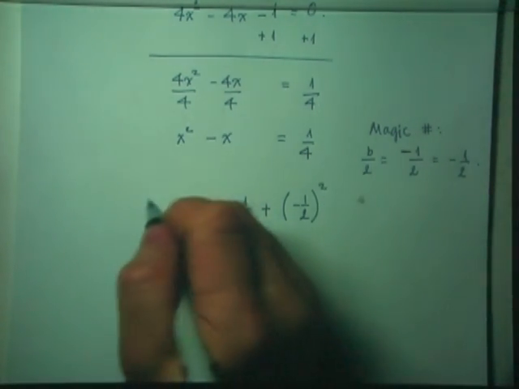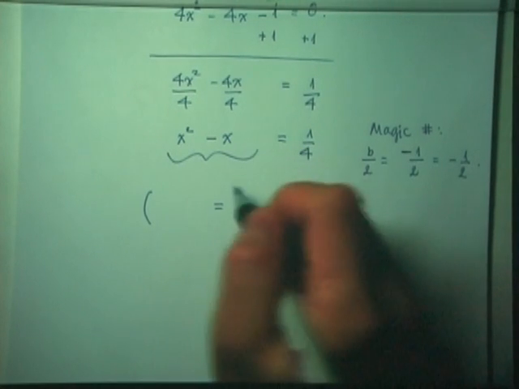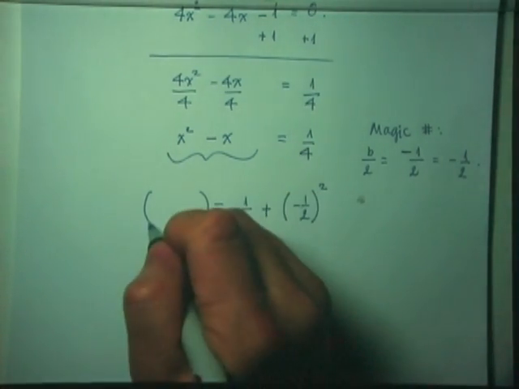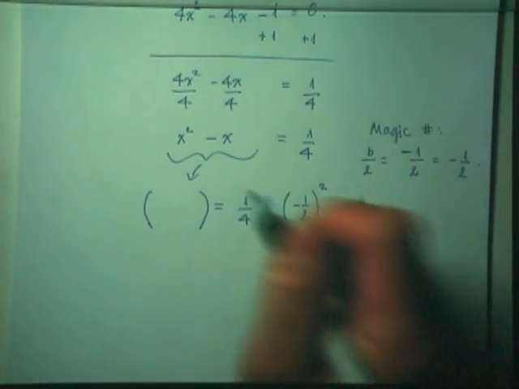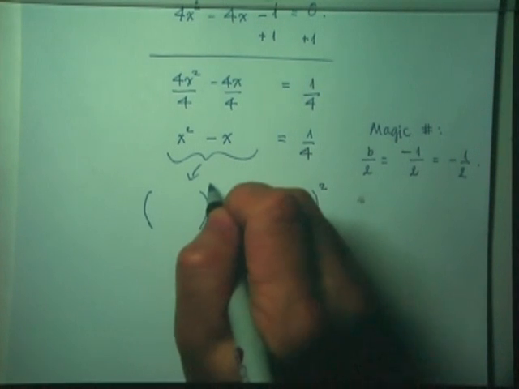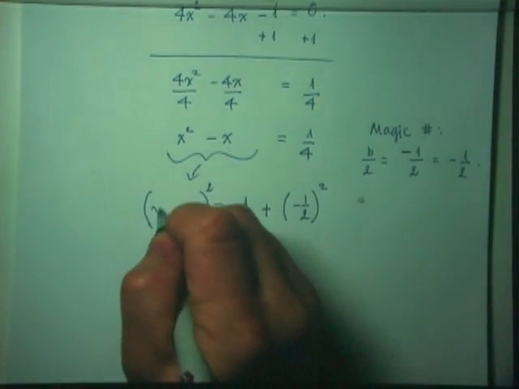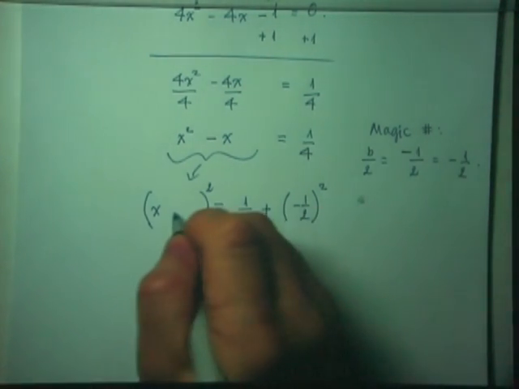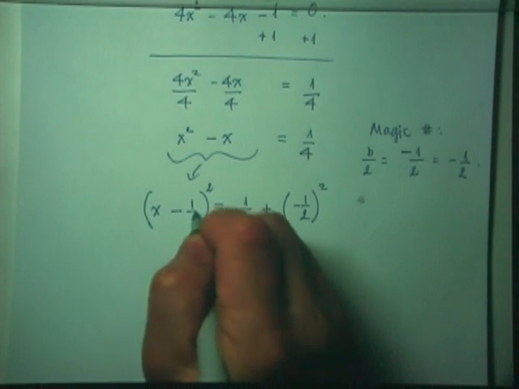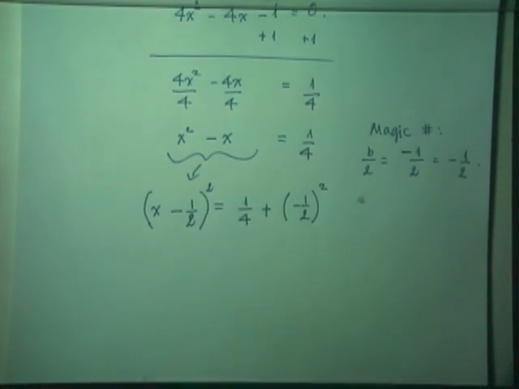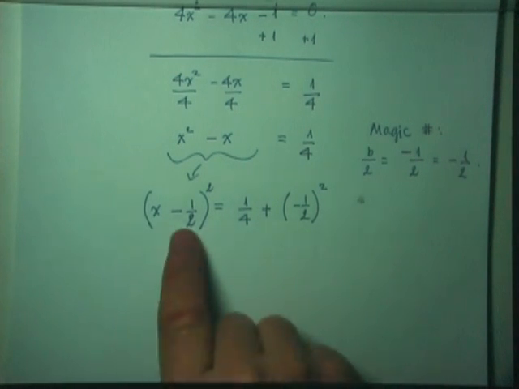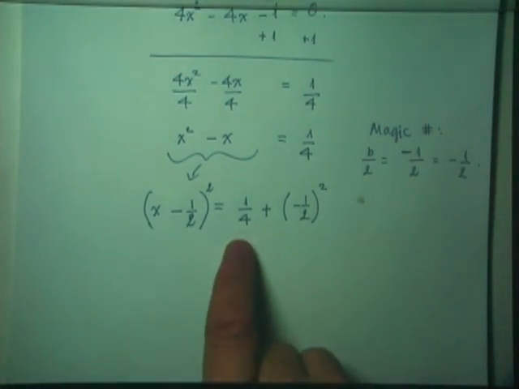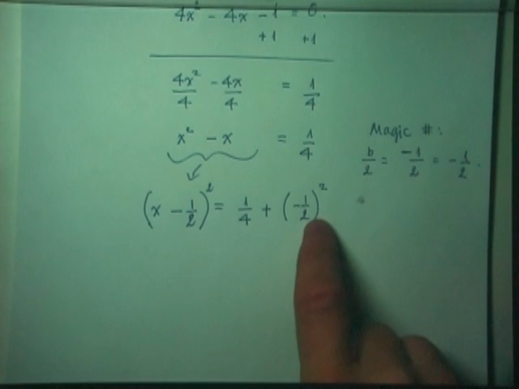And on the left-hand side, just the left-hand side, nothing is easier than producing for yourself a pair of parentheses with a square, and the x, simply just the x inside of the parentheses. Nothing is easier than doing that. And then you're going to put the magic number, whatever it appears to be, into the parentheses. And now you have x minus 1/2 all squared equals 1/4 plus -1/2 all squared.